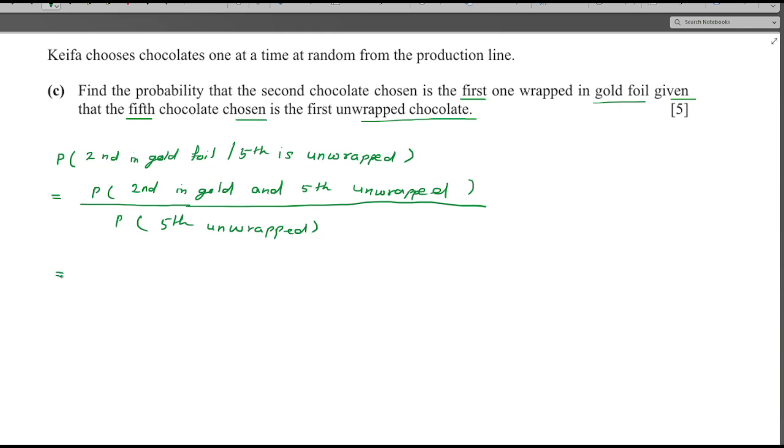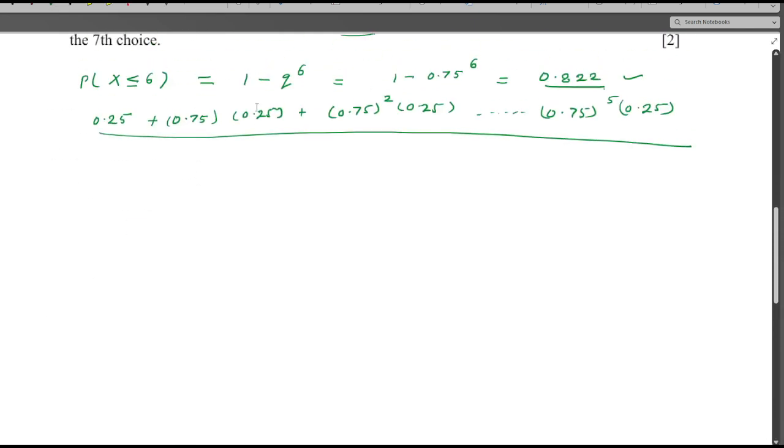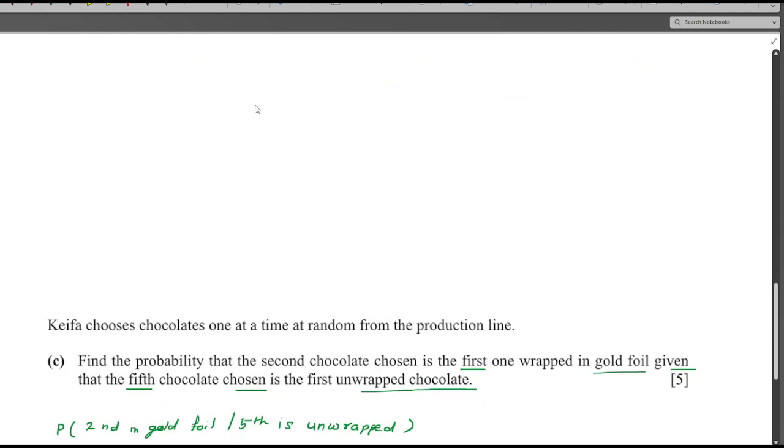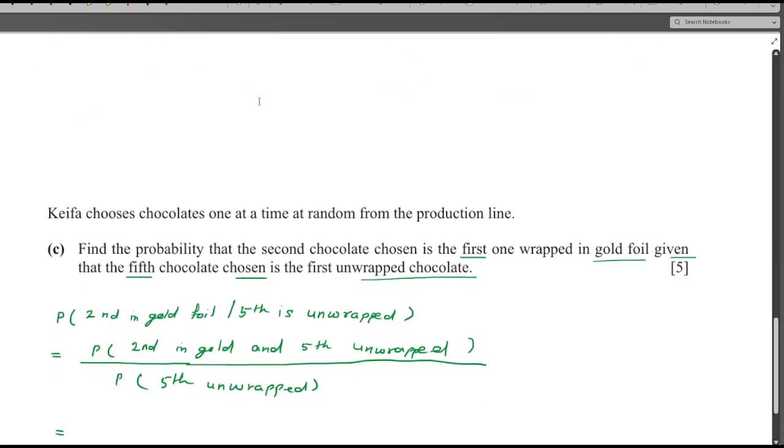So this is equal to the probability that the second is wrapped in gold foil. Now what about the first one? The first one could be anything, provided the fifth chocolate chosen is the first unwrapped. So one thing is clear: my first chocolate is wrapped in red foil.